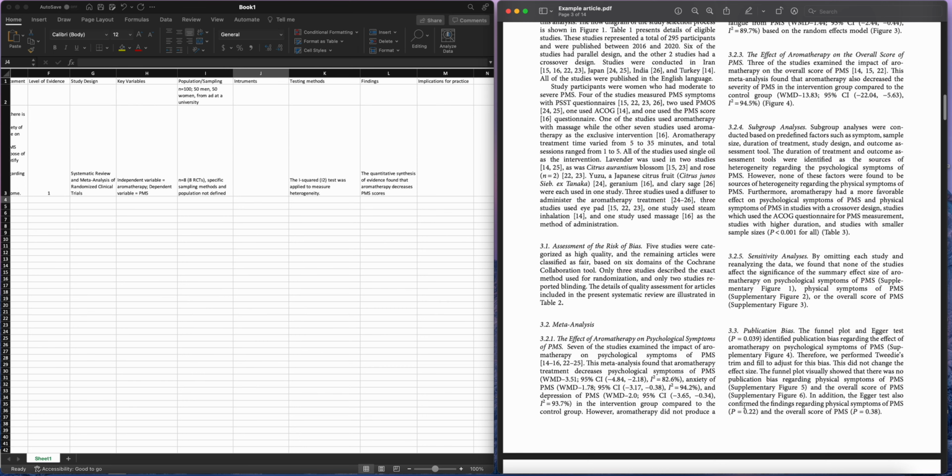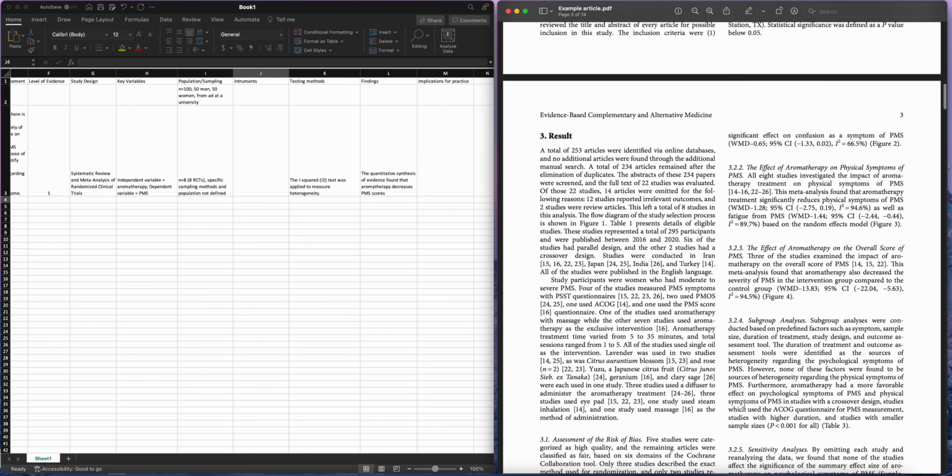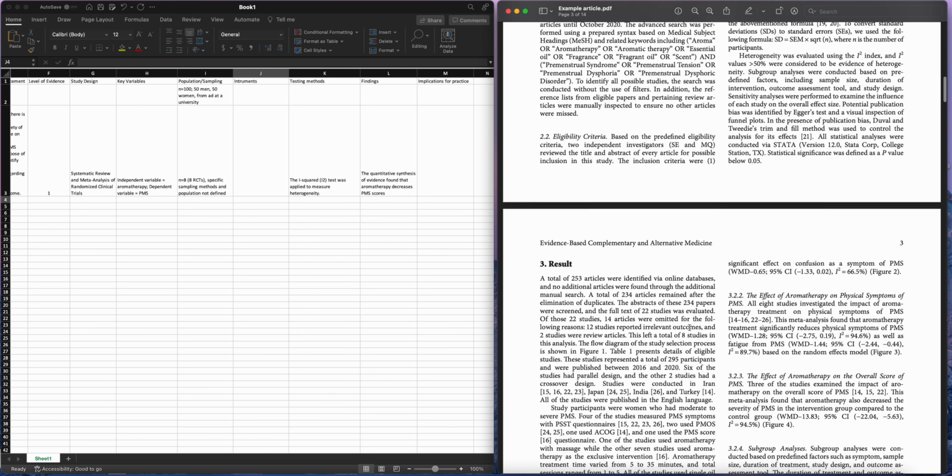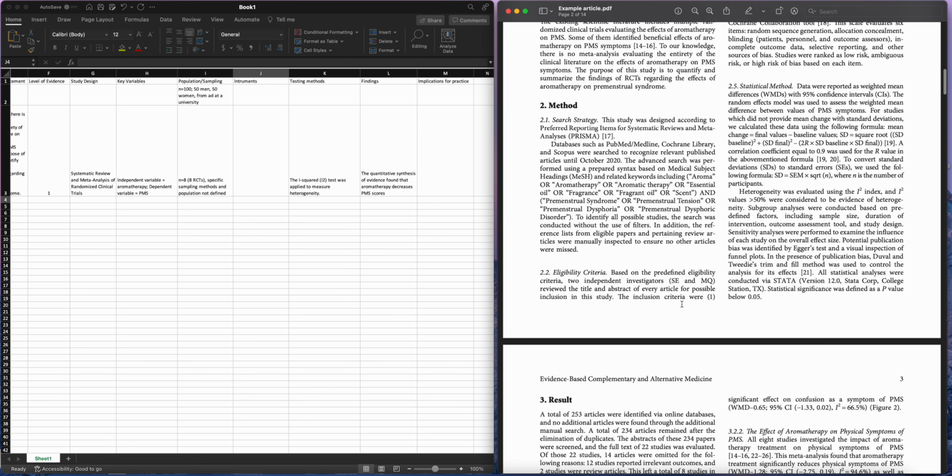Usually it should be separated. Results. Let's see. The effects of aromatherapy overall score of PMS. Where do they discuss this? Usually all that stuff is listed. Let's see. Okay, look.